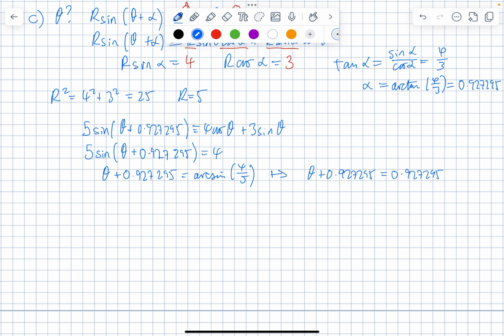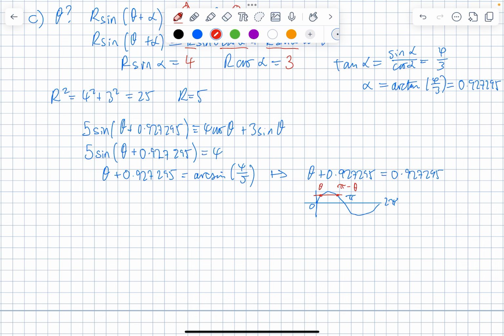And actually that means that theta plus 0.927295 is equal to 0.927295. Remember, this is the sine curve. So our sine curve looks like this, from 0 to 2 pi. If we have a solution here, we also have a solution here. So this one is pi minus the angle.